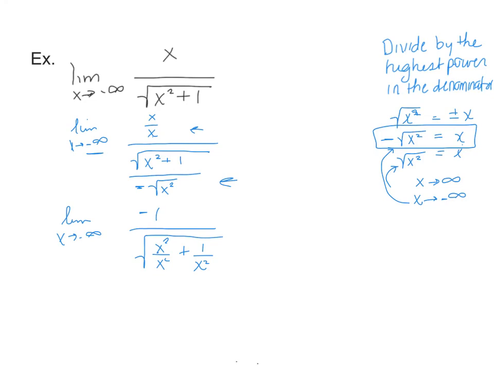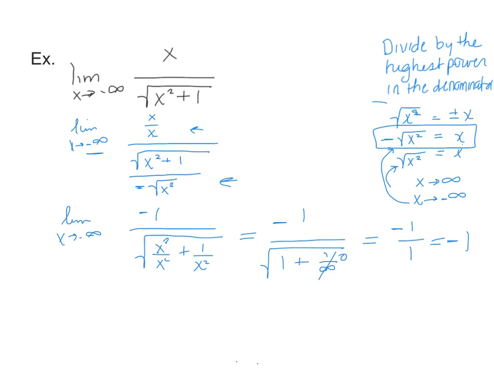Now when you apply the limit, this will equal negative 1 over the square root of 1 plus 1 over infinity squared, which will go to 0. So this ends up being negative 1 over the square root of 1, which is 1, so negative 1. So that's the limit as x approaches negative infinity. Now, what would it be if it approached positive infinity? Well, it would very simply be 1.